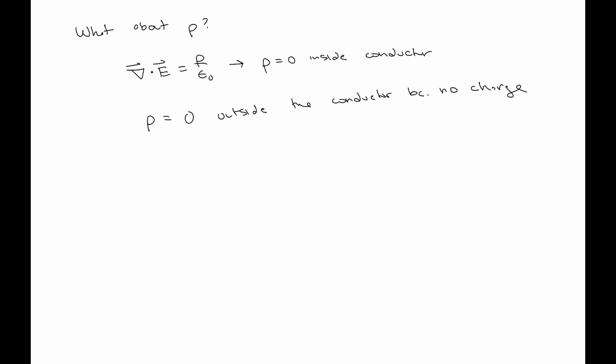So the only place where I can have a non-zero rho or charge density is at the boundary. That means the divergence of the electric field, which is equal to rho over epsilon naught, is very big at the boundary of a conductor.